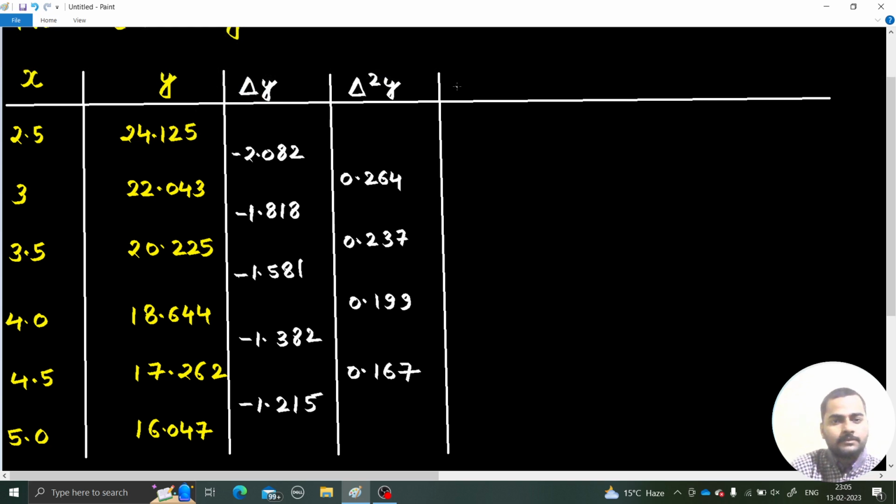Third difference, right in the middle of these two, minus 0.038.